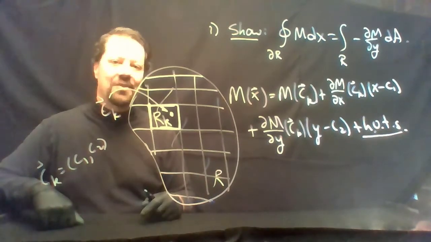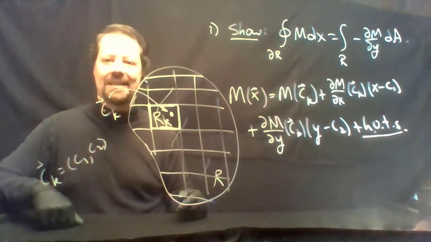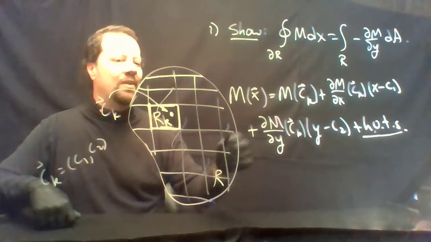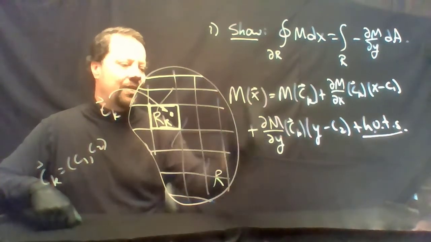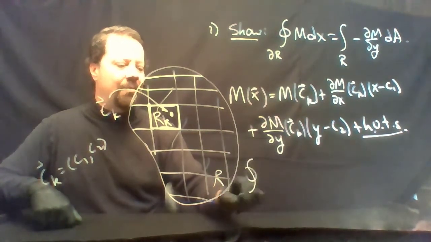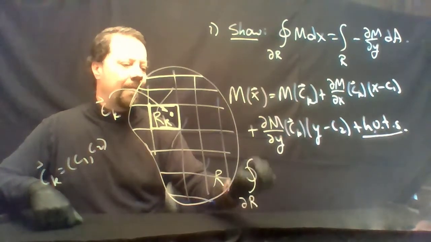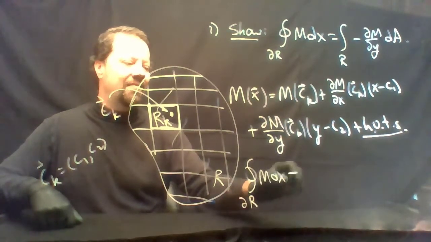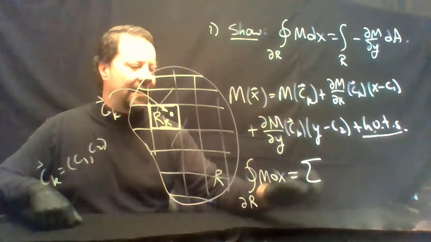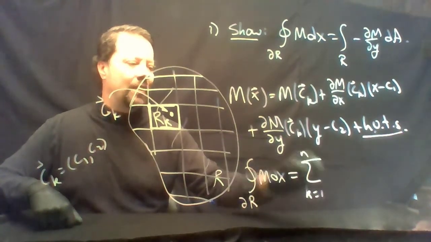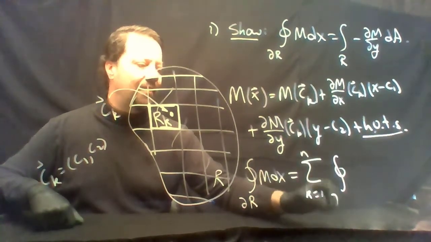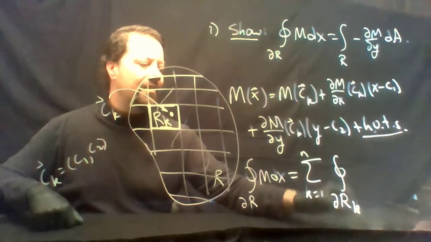Yes, this will be our Taylor expansion. Now, what we'll do is we'll note that if we're integrating around the boundary of R, m dx, you'll get the same thing if you take the sum as k goes from 1 to n and integrate around the boundary of the R sub k's.